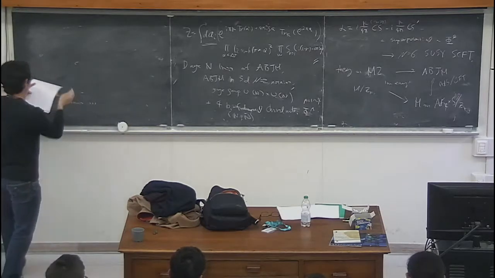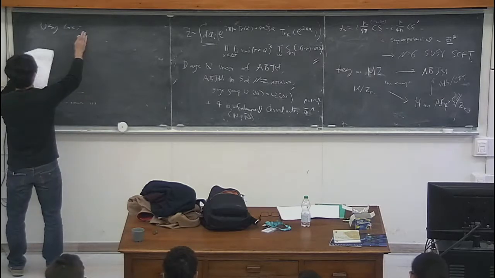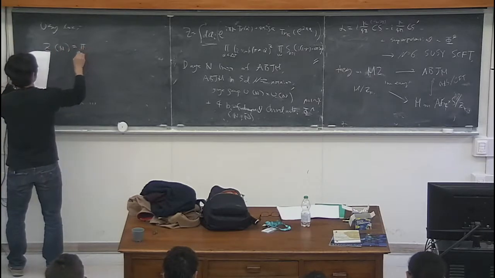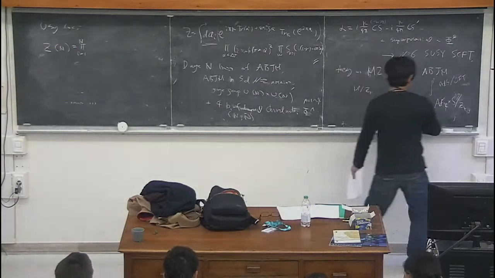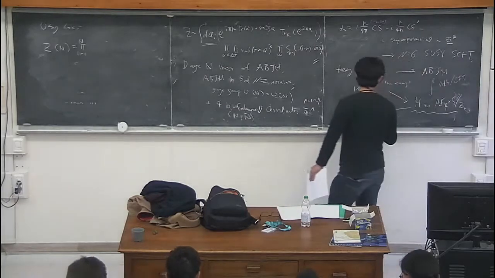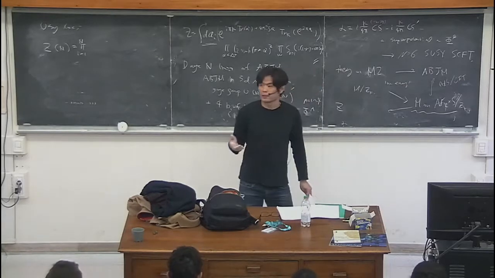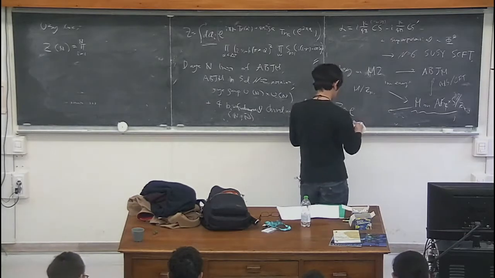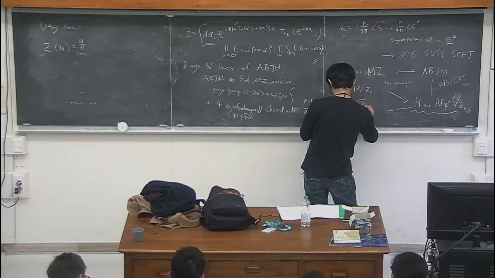Then, using a localization technique, for this theory with boundary S3, we can compute the partition function using just supergravity computation. The result is like pi times the square root of 2k over 3, times N to the 3/2.